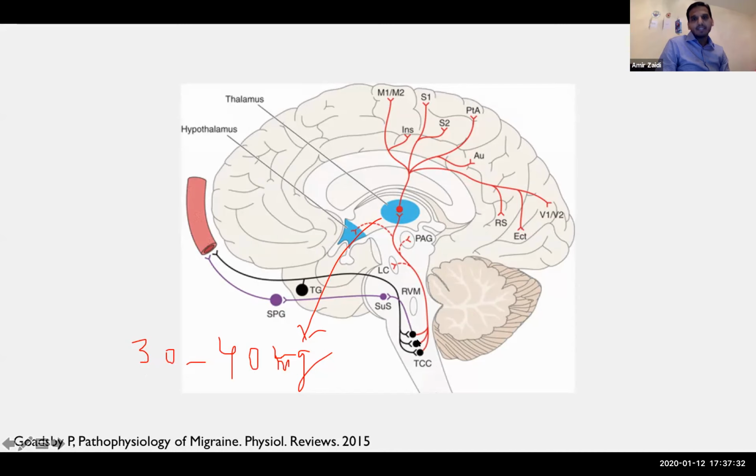And from there, the second order neurons then go to the hypothalamus, to the thalamus, and from there it goes to the blood vessels and different parts of the brain, including the visual cortex, including the motor part of the brain, including the sensory part of the brain. So that's how migraine can affect each and every part of the nervous system.